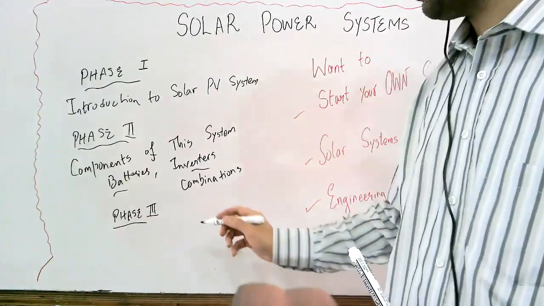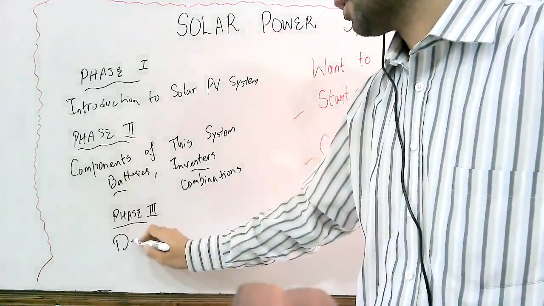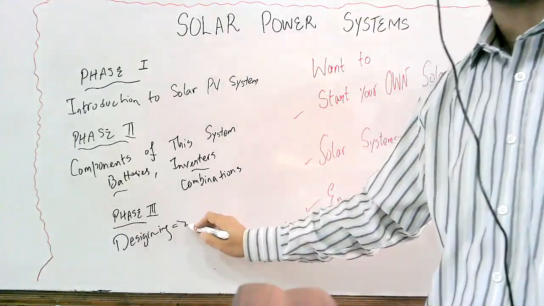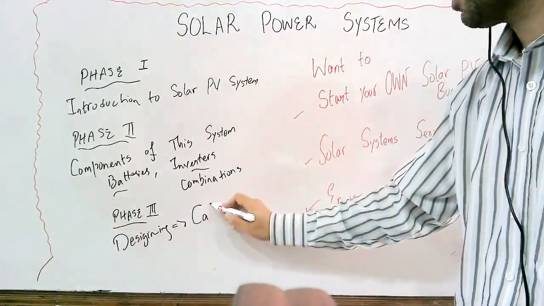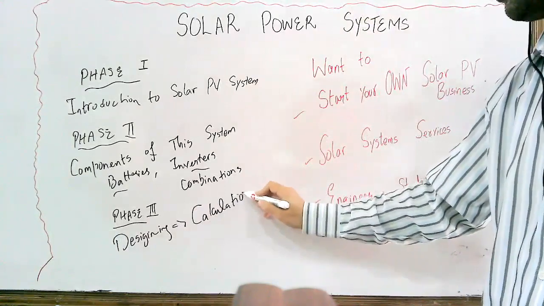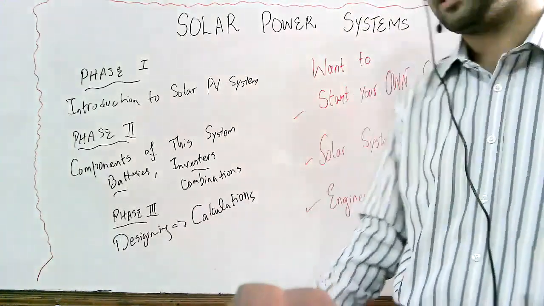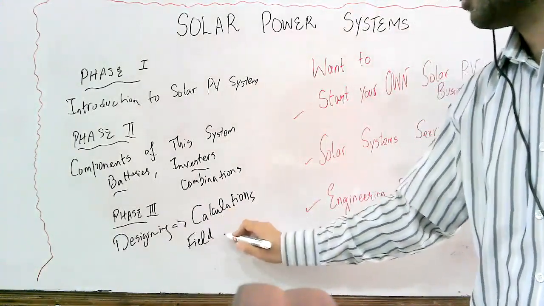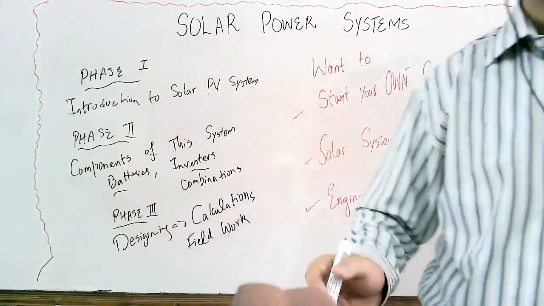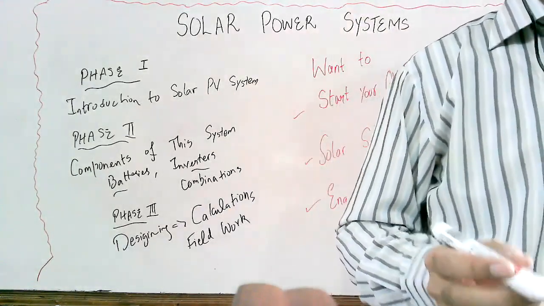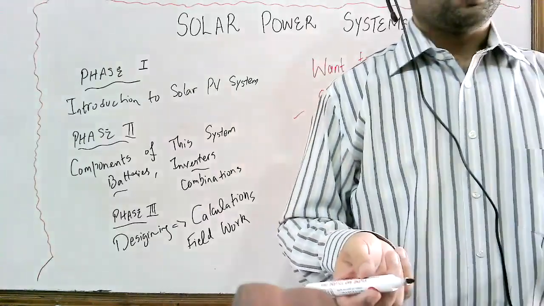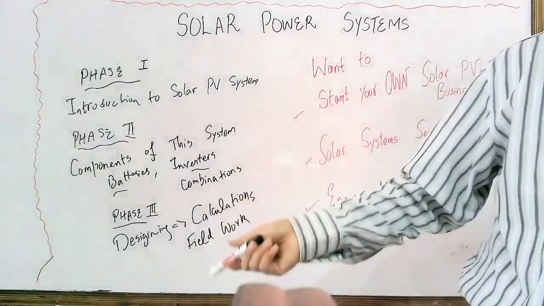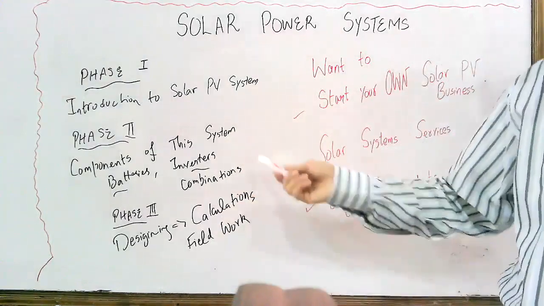In phase number 3, we are going to study the designing, or I must say we are going to cover the calculations regarding the field works, the calculations which are used in the field: what should be the rating of a solar PV system, what should be the rating of the PV panels, what should be the rating of the battery, and what should be the rating of the inverters.